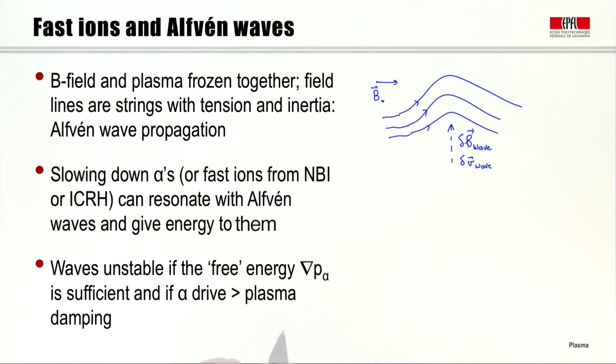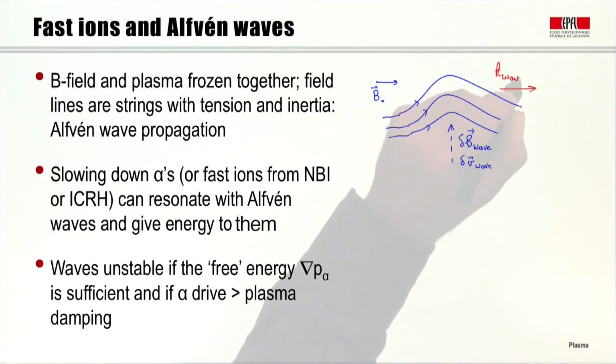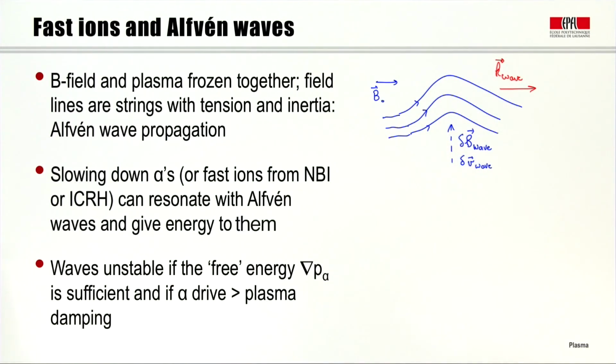This combination of tension and inertia in MHD is such that we have a wave that will propagate in a direction parallel to the magnetic field, with the phase velocity being the Alfvén speed, related to the intensity of the field divided by the square root of the plasma mass density, which is a measure for the inertia involved in the mechanism for the propagation of the wave.